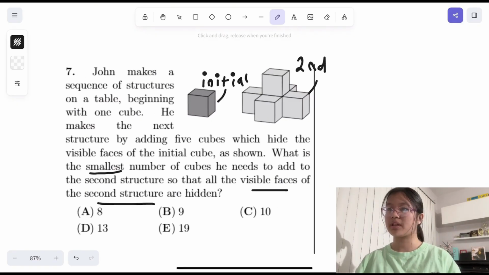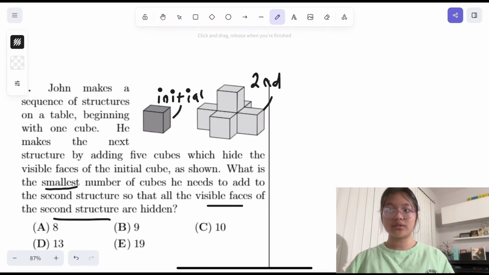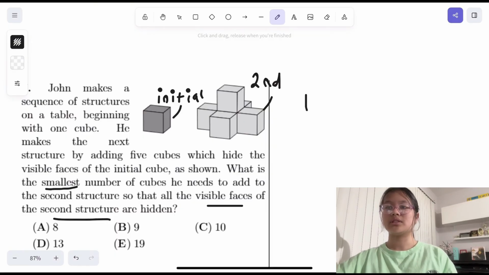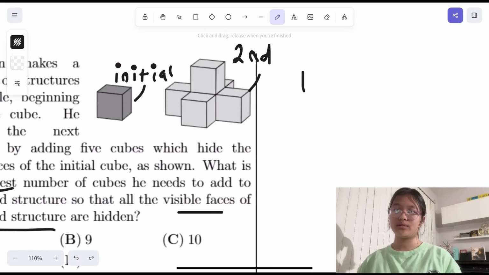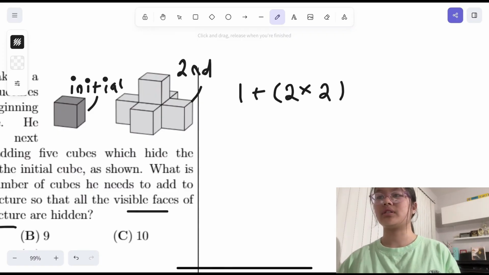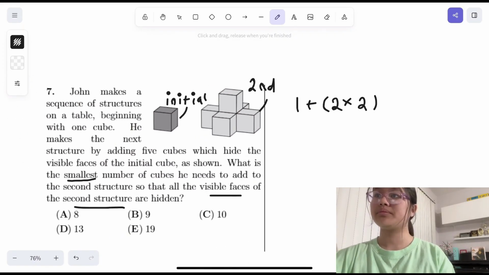So what we can do first is add 1 cube on the top, which is there.